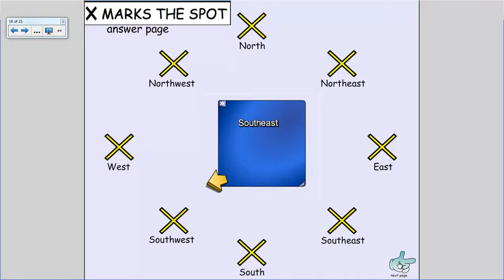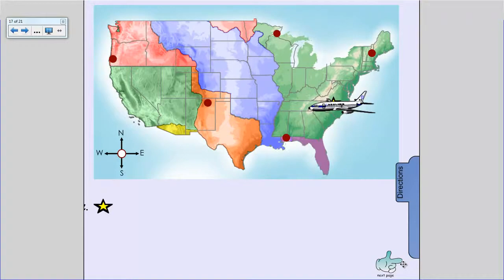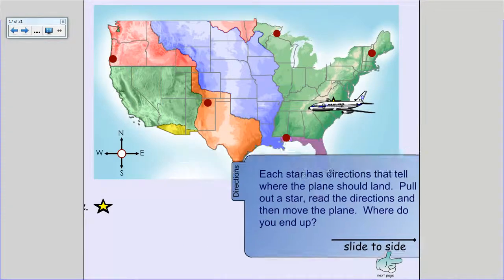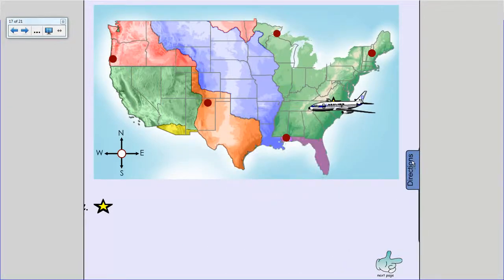Let's go to the next page. No, this is just the objective of this page is only to check it. Here we have more practice with following the directions. Here we have a map of the United States, and the compass rose is given to us this time. We have the directions tab that you can pull out.